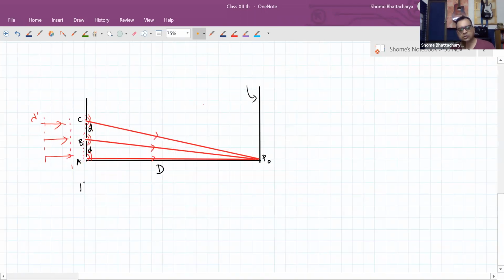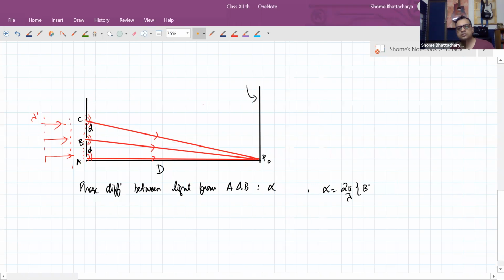The phase difference between the light from A and B, let's say that is alpha. So alpha is equal to 2 pi by lambda into this path difference. Similarly, the phase difference between light from A and C, let's say that is beta.